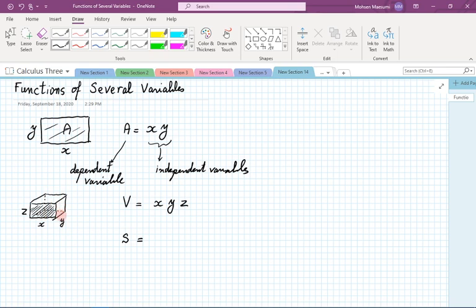And then on this side you have another rectangle. This is y times z, the area is y times z, and the one on the top or bottom is going to be x times y. So the total area of this becomes 2 times, say, xy plus yz plus zx. So this is the surface area of a box.